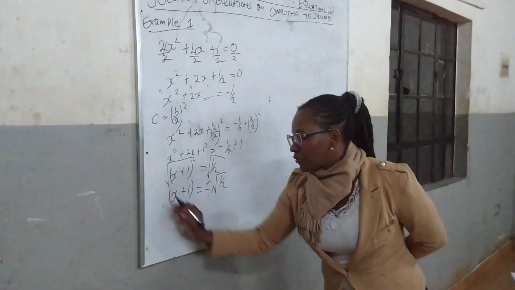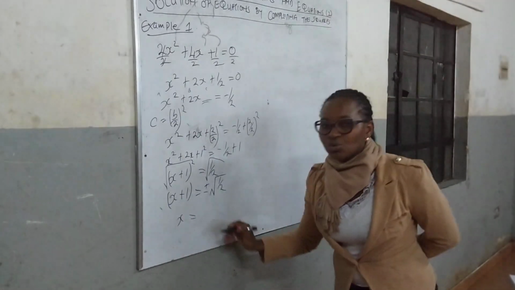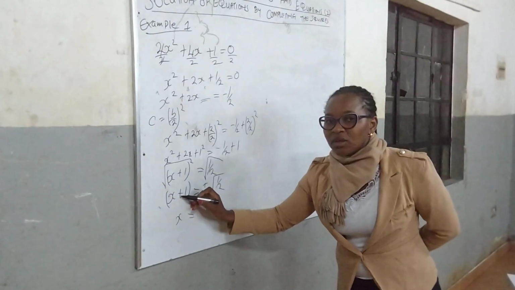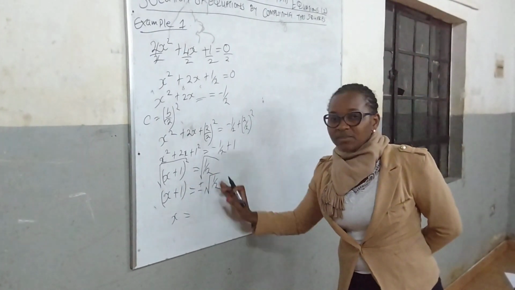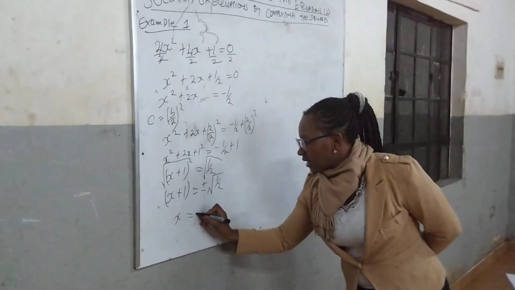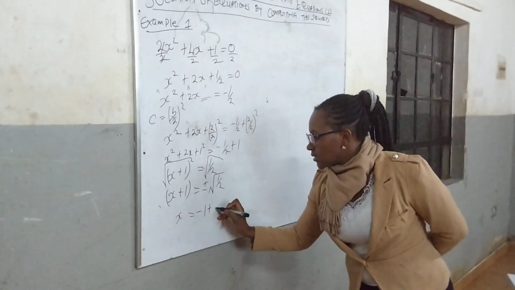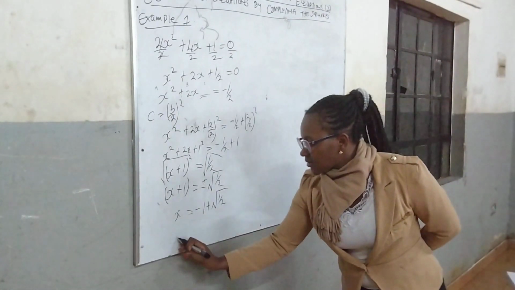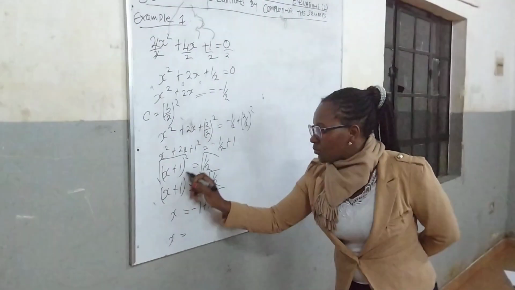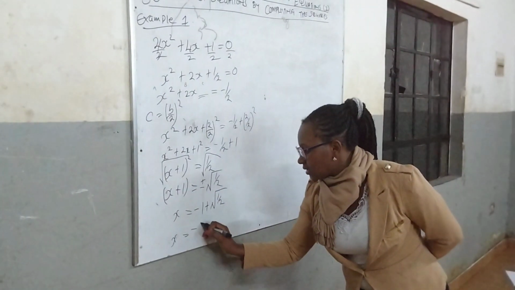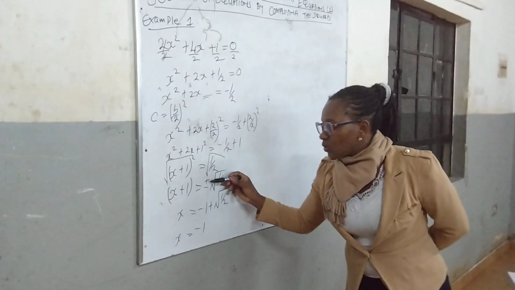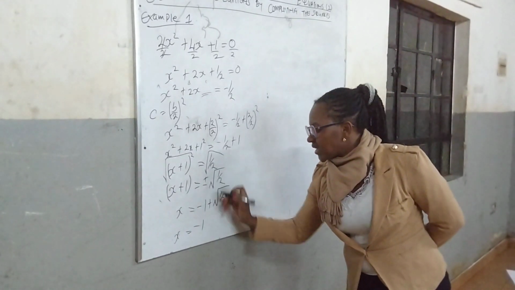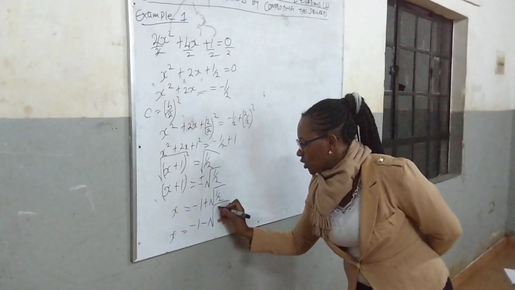The first possible value of x is, x is equal to, we take this 1 to the other side. Since our 1 here is positive, when it comes to the other side of the equal sign, it is going to be negative. So we'll have negative 1 plus square root of half. The other possible value of x is the same, negative 1, and in the first part we said plus square root of half, and this other part we take minus square root of half.